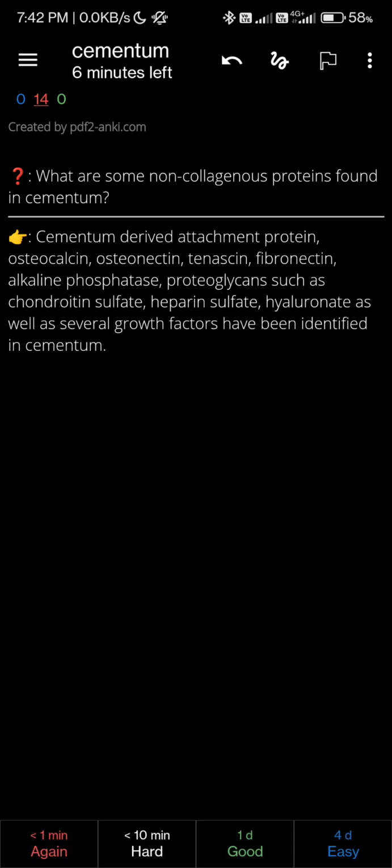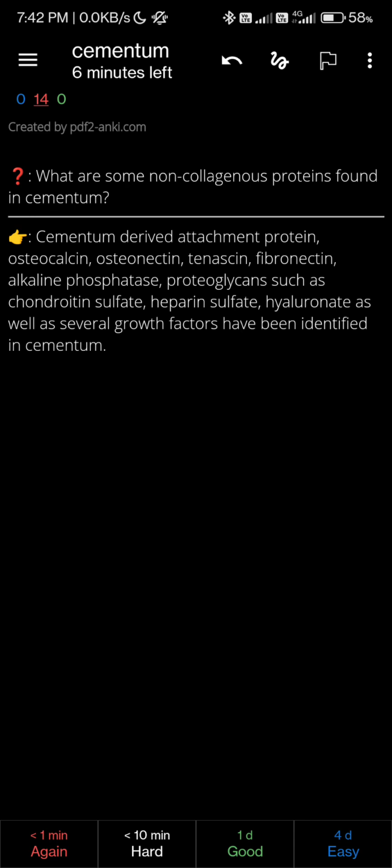What are some non-collagenous proteins found in cementum?